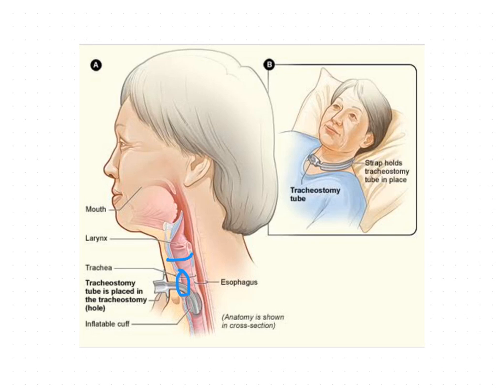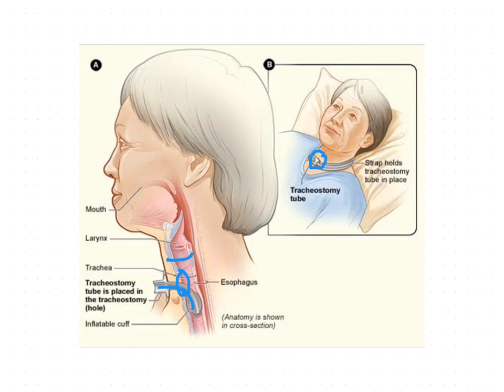The trachea is cut open usually below the isthmus of the thyroid, and a tracheostomy tube is inserted so that the patient can breathe through it. So this is called tracheostomy.